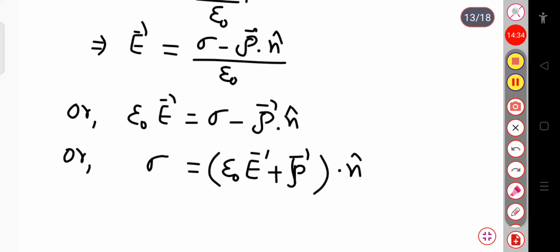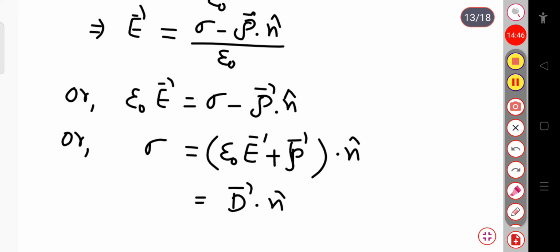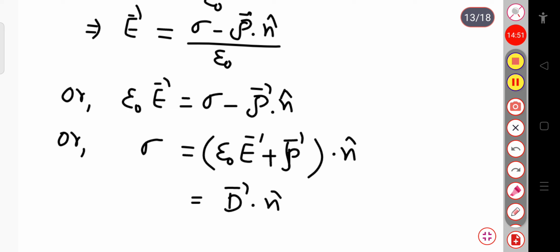Again this epsilon naught E plus P can also be written as D vector dot n cap. So the relation is sigma equals D vector dot n cap, where D is the electric displacement vector, and its value is epsilon naught E plus P, the polarization density.